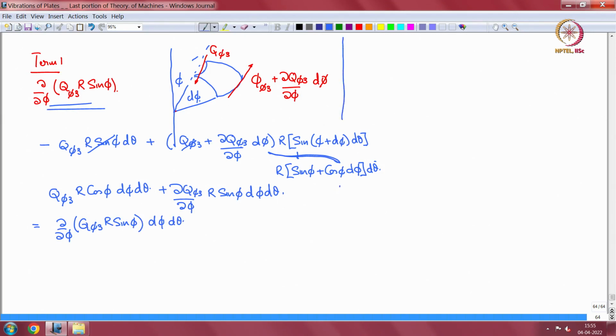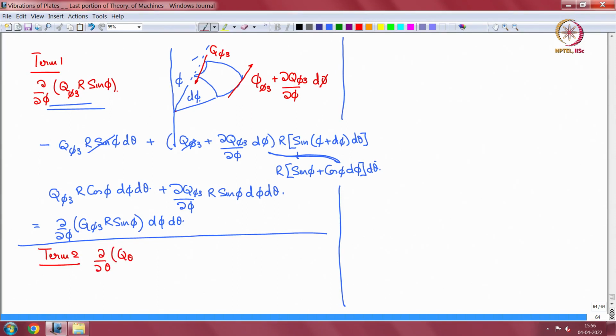The second term, term 2, looks like del by del theta of q theta 3 into r. Let us again draw the picture. So this is my element.